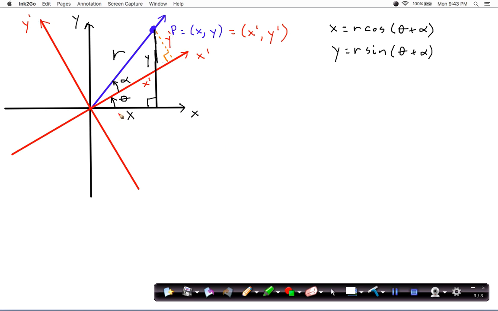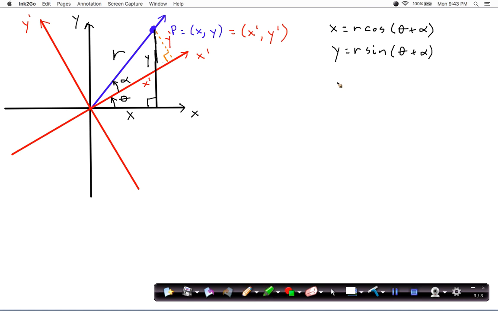Okay, and remember, we're basically giving the x and y coordinates relative to the x prime and y prime, or I should rather say the x prime and y prime coordinates relative to the x prime and y prime axes. So let's write those out over here.